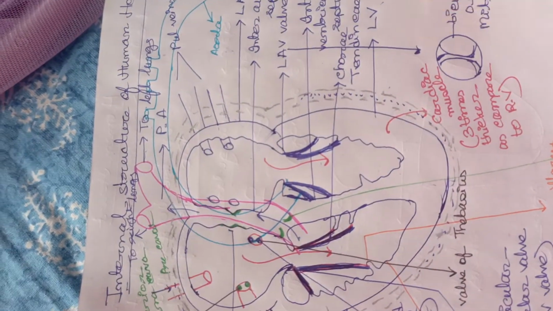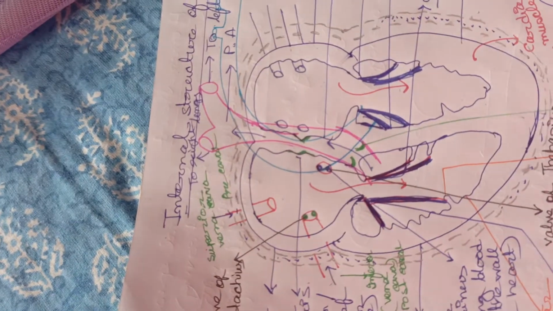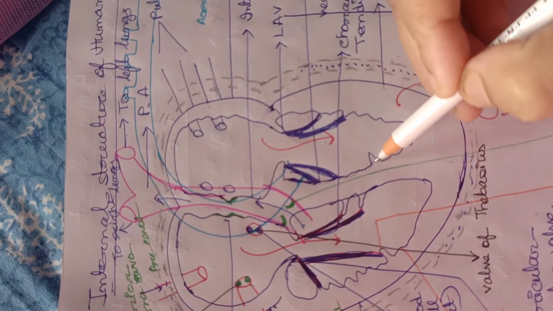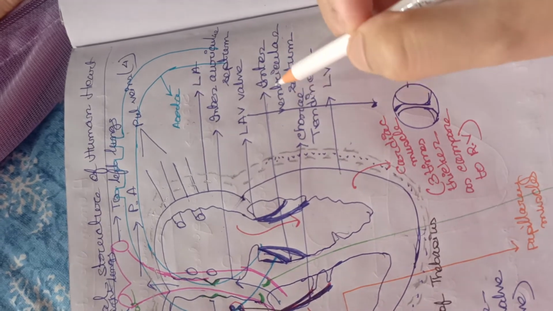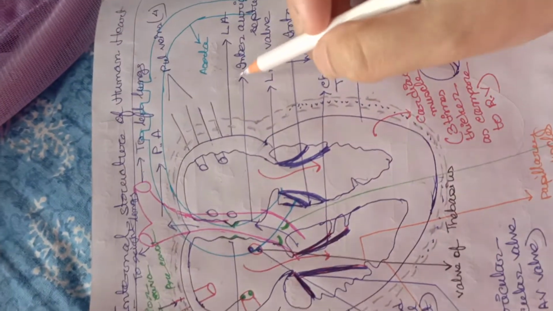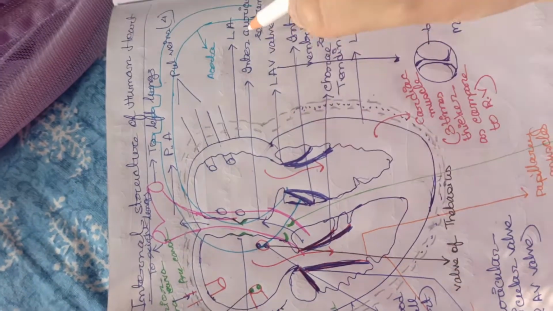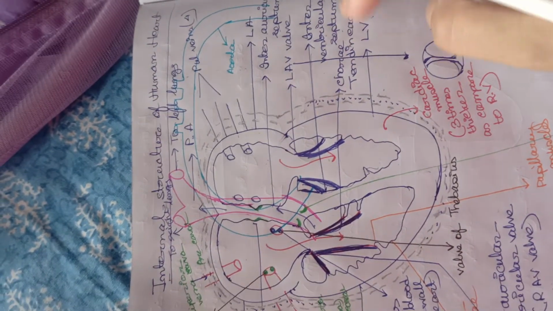So many labelings are there; you have to see them properly. Next, this separation I have written is the interventricular septum, and here this is the interauricular septum. Between the two auricles is the interauricular septum, between the two ventricles is the interventricular septum.